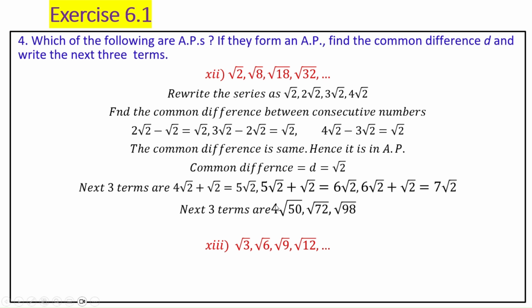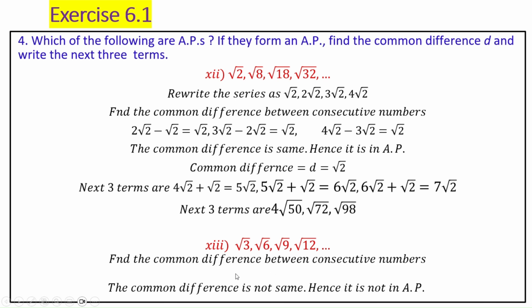Here there is a mistake. There is no 4 here. This 4 doesn't exist. Okay. So square root of 50, square root of 72 and square root of 98. Okay. Yeah. The next one, the common difference is different, so they don't form an AP.